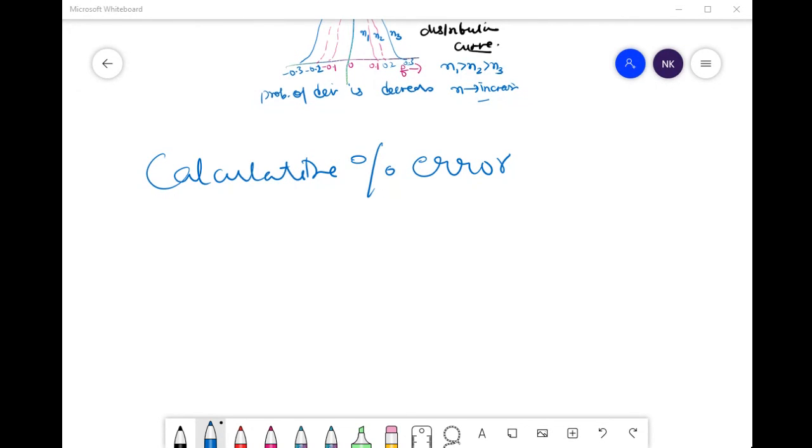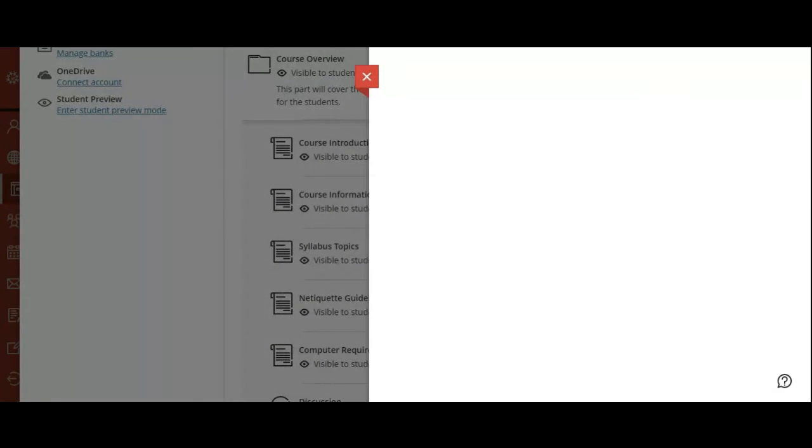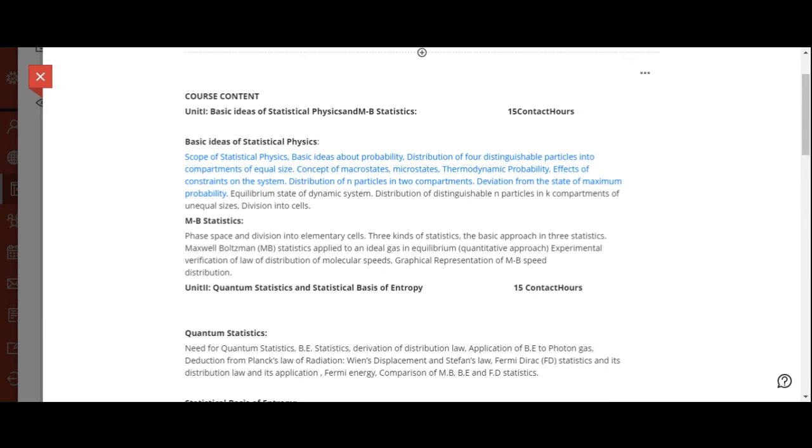Course overview. Chrome tab, content. Okay, so in the course overview, information, syllabus topics, I am done till here.